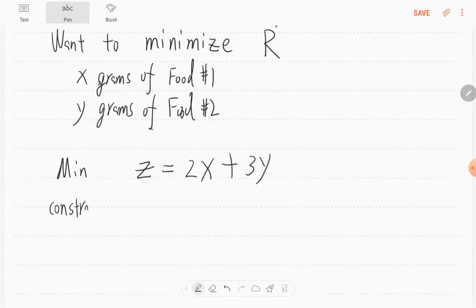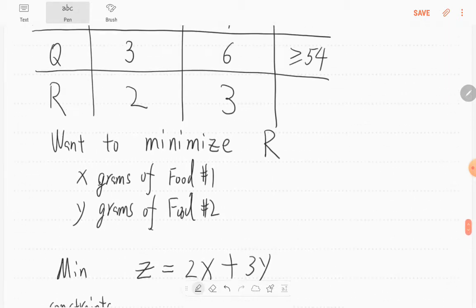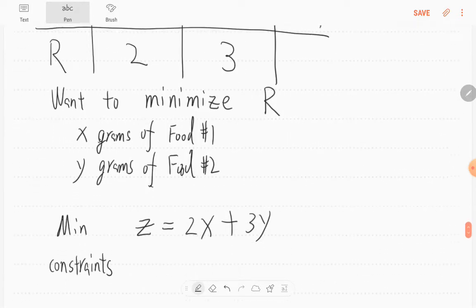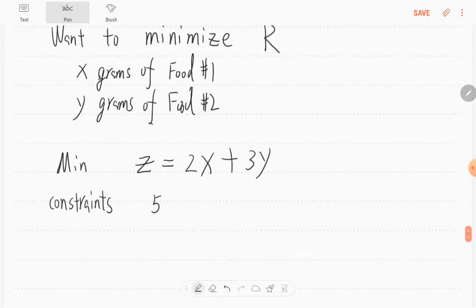What is the constraint? The constraint is from these two. For vitamin P, food number 1 gives 5x and food number 2 gives 4y, and it must be at least, so greater than or equal to 60.